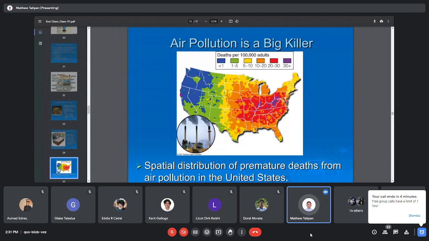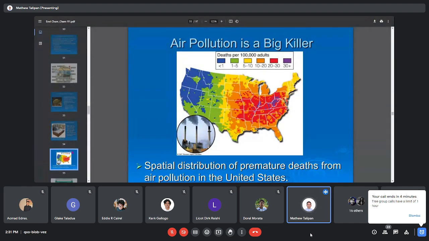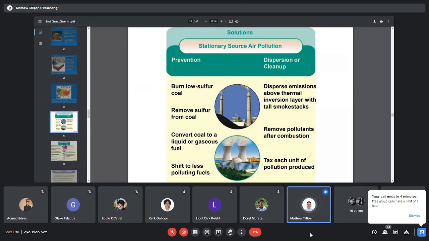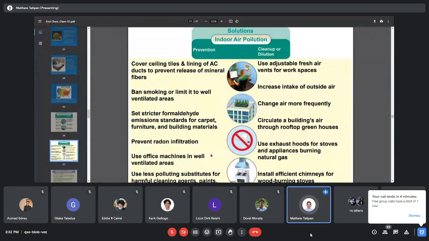So the U.S. has data on the deaths caused by air pollution. Again, on the West Coast, it's more prominent because of a highly industrialized area. These are some of the solutions. Again, renewable energies. It's better to prevent than to clean up, but these two methods can be coupled to each other to reduce the buildup of these pollutants, and then, of course, indoor air pollution.